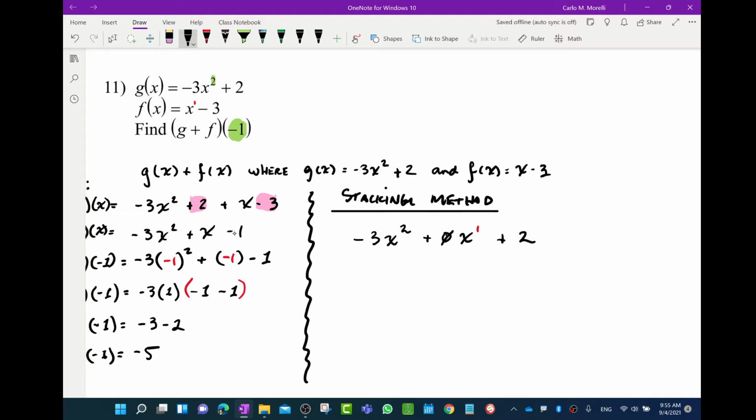Now beneath that, we have x to the first minus 3. Remember, we put the exponents and group them together in columns. So here we would put 1x to the first, and then plus negative 3.